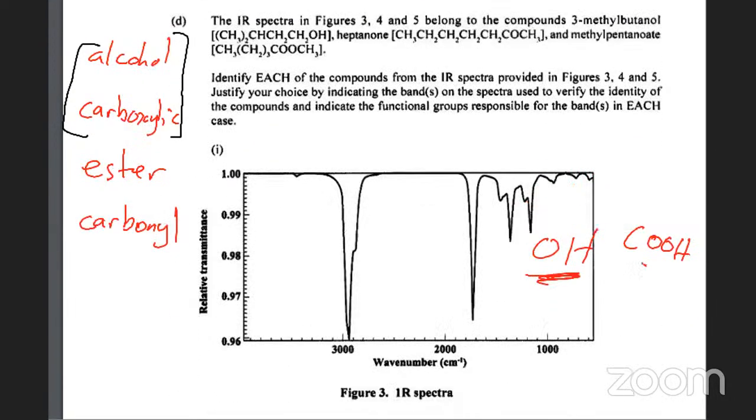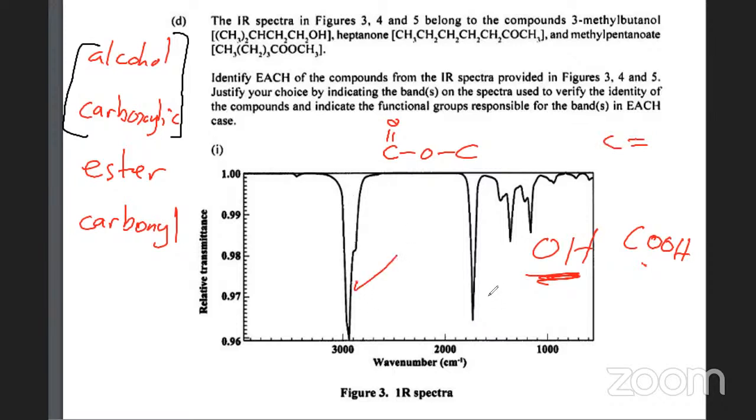All right, so the question now. I told you, you should be able to identify alcohol, carboxylic acid, ester. For the ester, it's C double bond O, single bond O, C. For the ester, you should have a peak. When we say peak, it must come very far down.